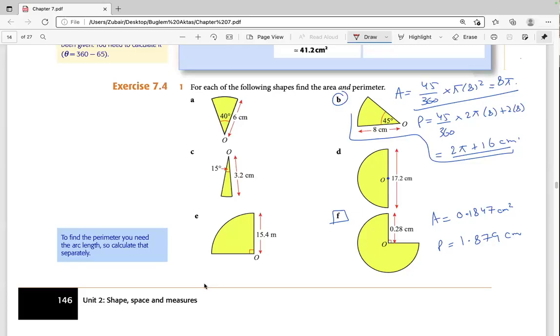The area. Without pi. Okay, hold up, pi. 0.32.